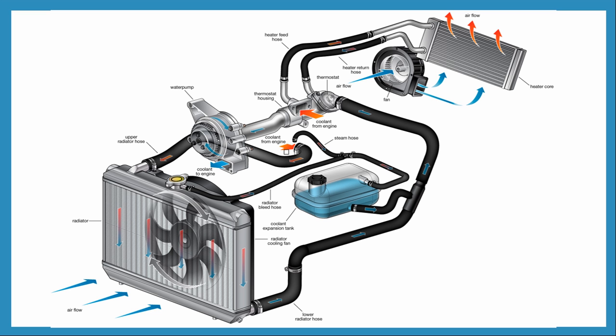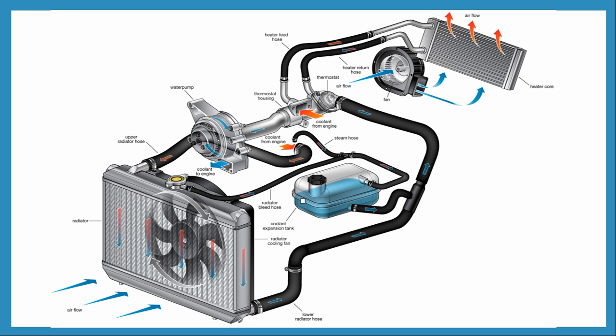In this zone the coolant from the engine enters on this side and on this side. So here the thermostatic valve, the heater feed hose which passes through this heater core, and there is a fan connected here. This is the air flow and the thermostat is also placed here.